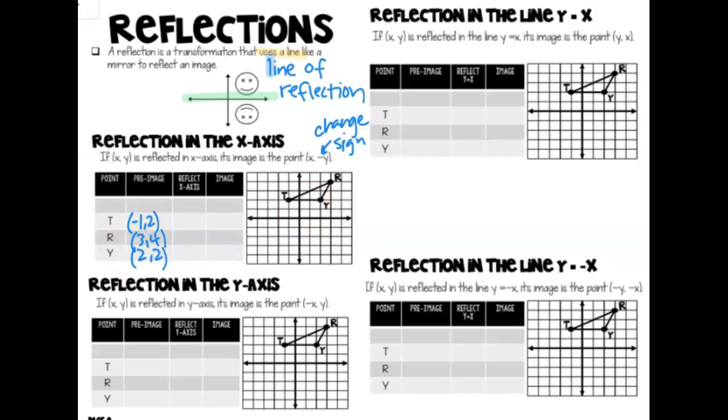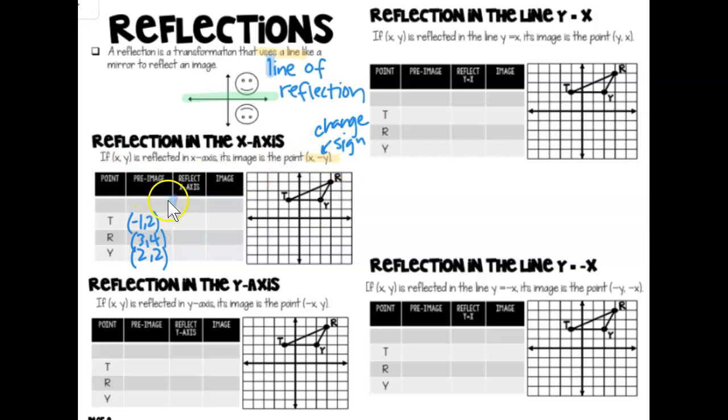So the rule that I'm going to apply, so remember we have coordinate rules, is I'm going to change the sign of the y value only. And actually x is going to remain the same, so there's going to be no change to that number.